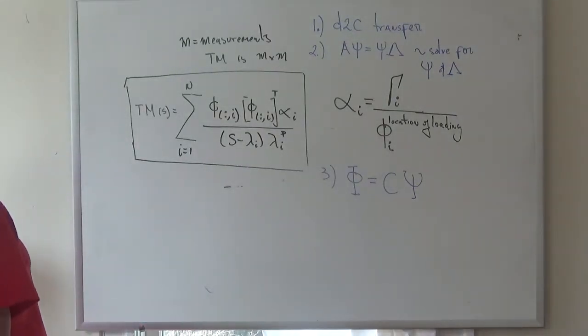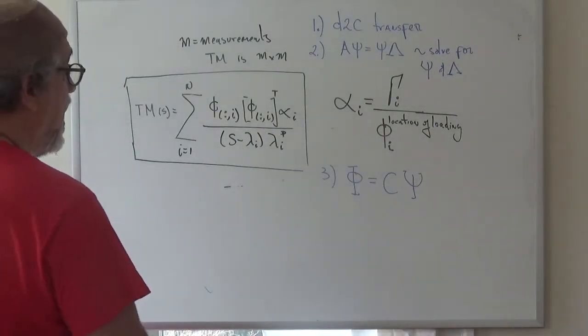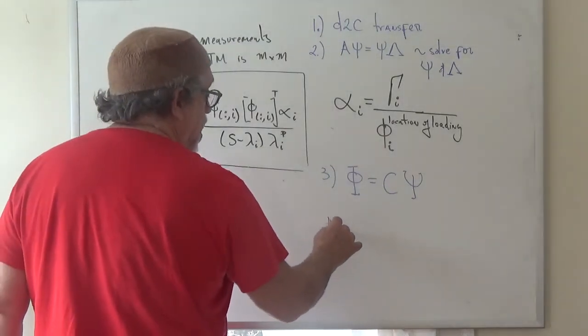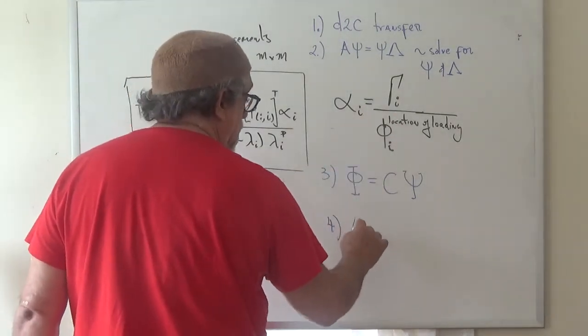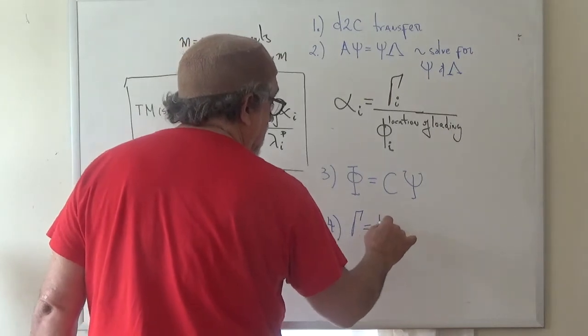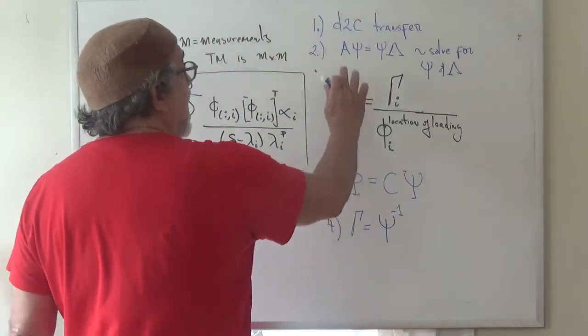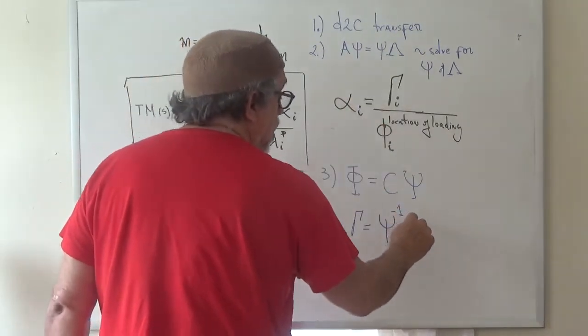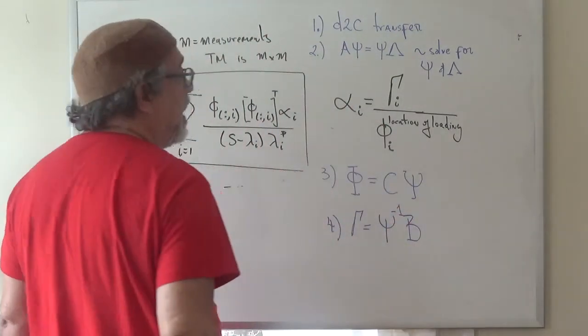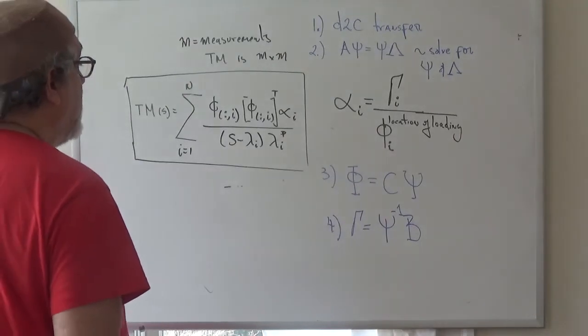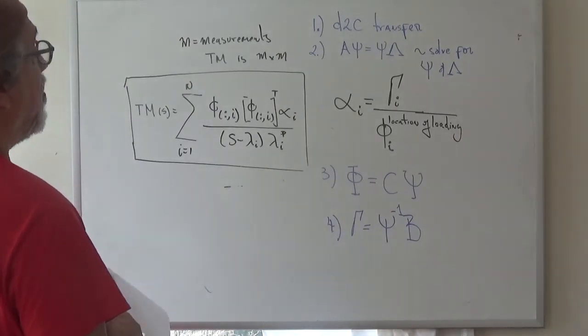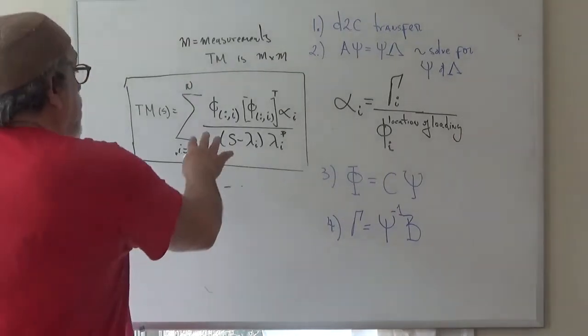Now, once you calculate those, then in step 4, you calculate your tau as the inverse of your phi matrix, which are the eigenvectors of the A, multiplied times your matrix B. At this point, you have every entry that is needed to do this summation.